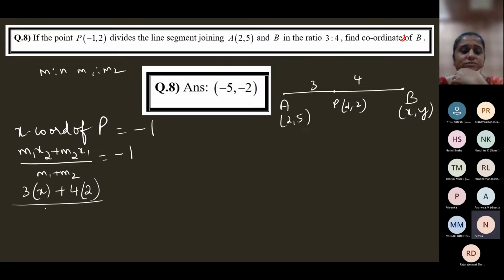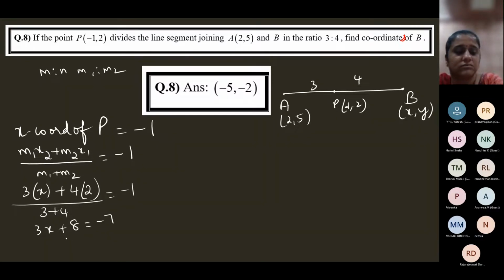M1 plus M2? 3 plus 4. Is equal to -1. Now work this, tell me. 3x plus 8 is equal to -7.